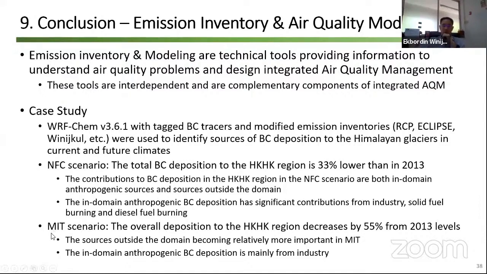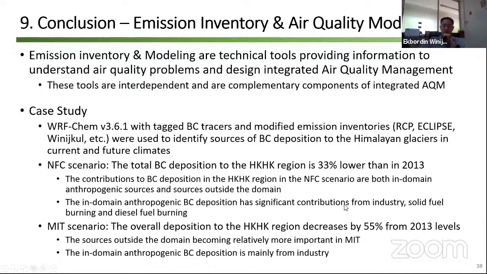And if we apply all of the regulations that we can use to reduce emission from air pollution inside the region, the deposition of BC in this HKHK region can be reduced by 55%.